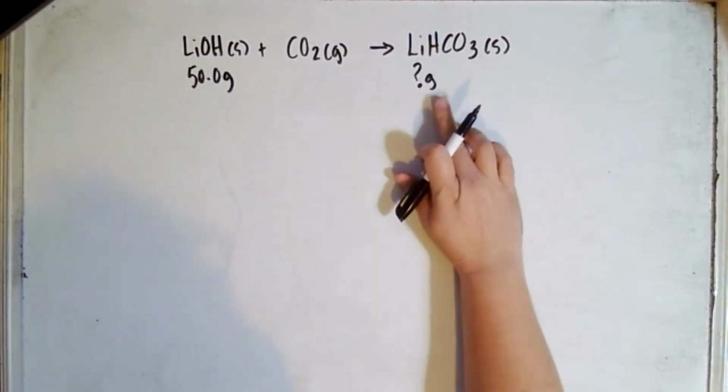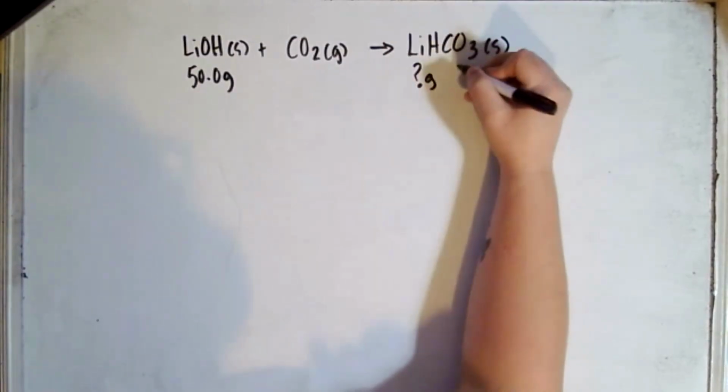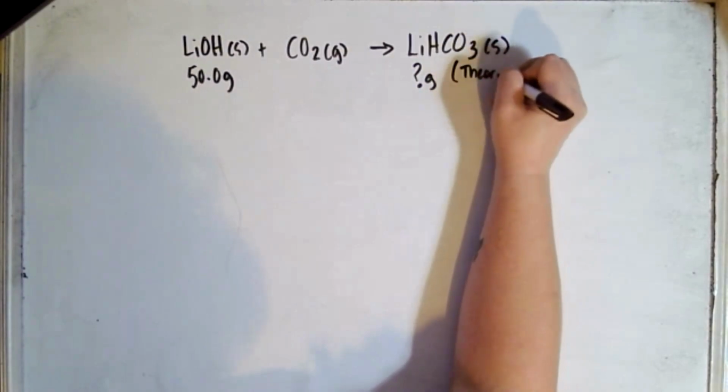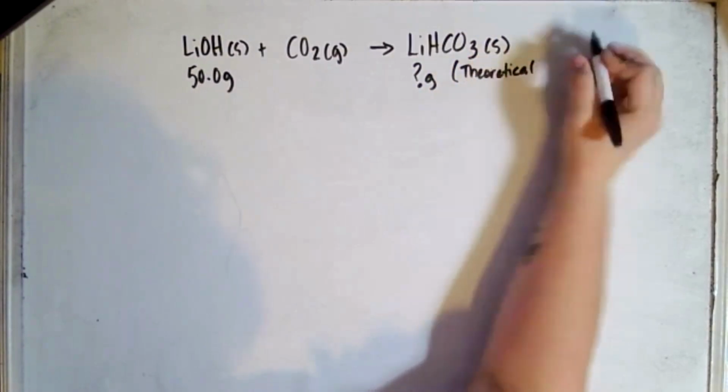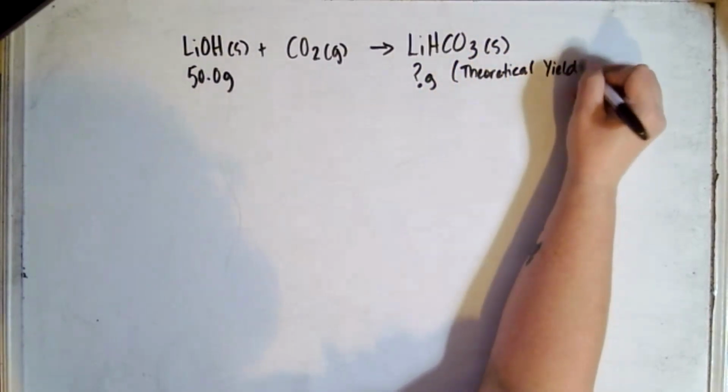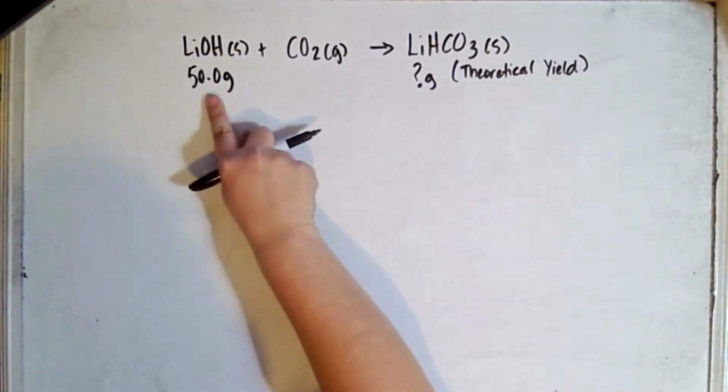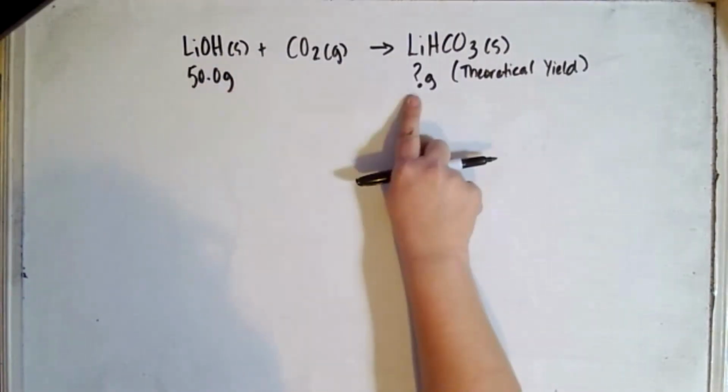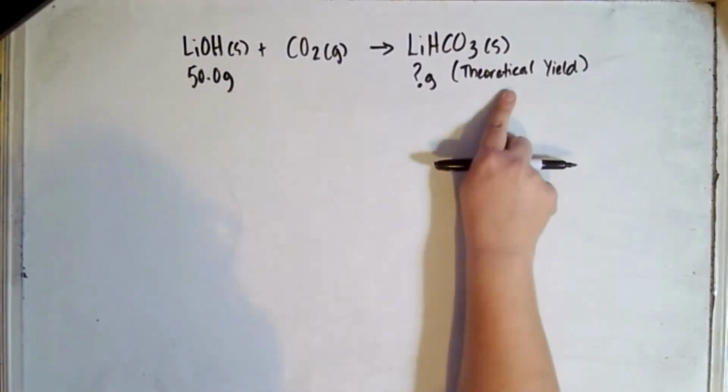And when we're solving for this product amount, this number that we solve for, this is the theoretical yield. When we use our reactant amount to find a product amount, that's our theoretical yield.